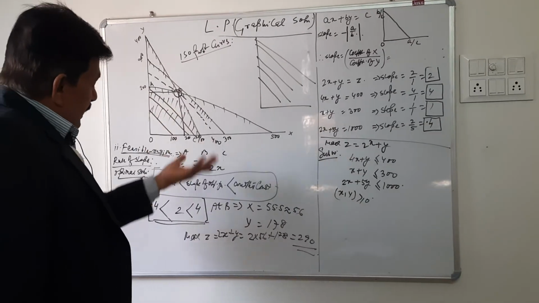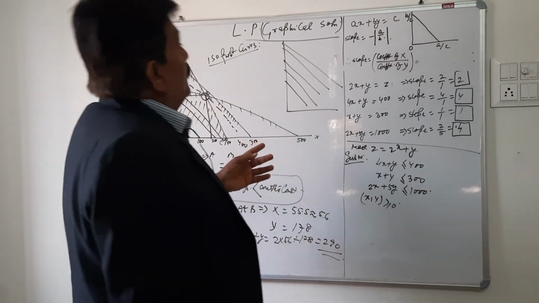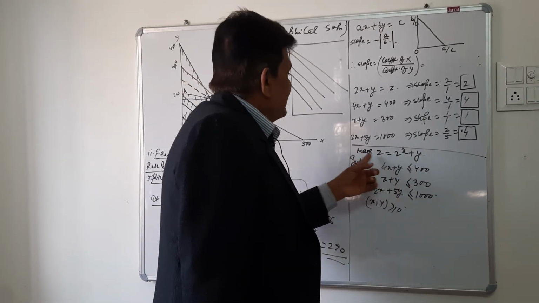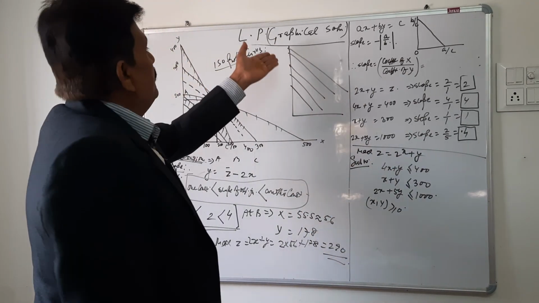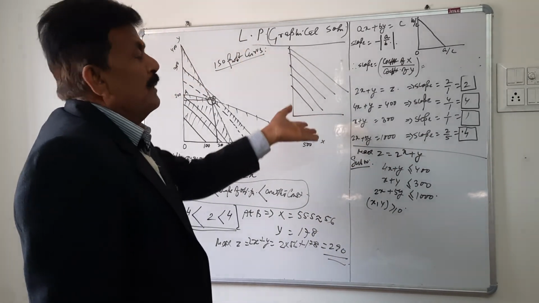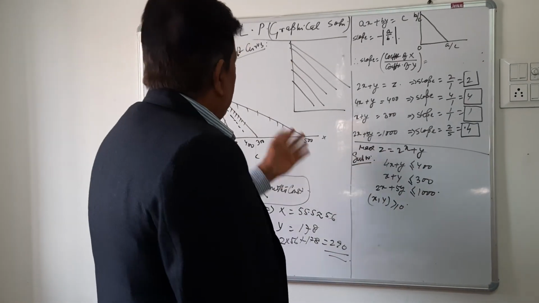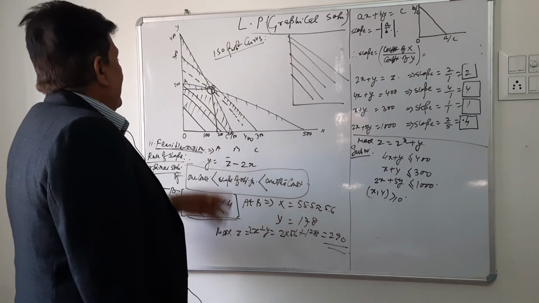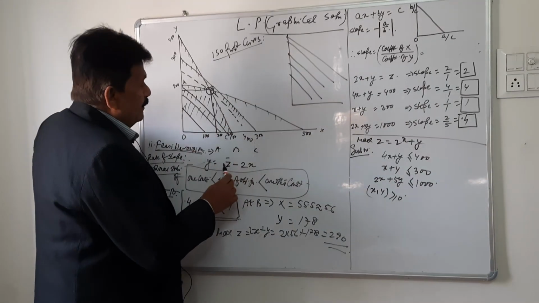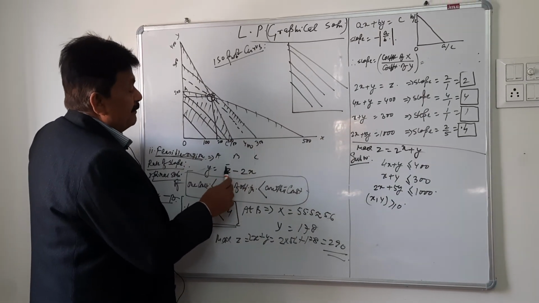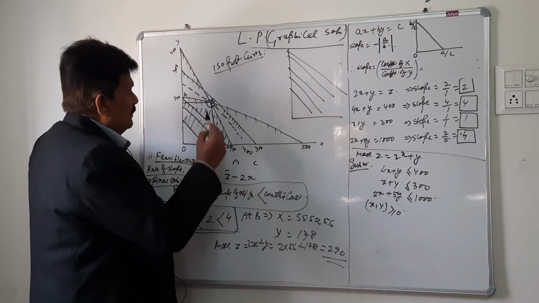Just conversely, if we were concerned with the minimization of cost, then these lines will be isocost lines. So there we shall plot isocost lines. In the case of maximization of profit, we plot isoprofit lines, and for different values of Z bar, which has become constant, we take different values: 10, 20, 100, 200.